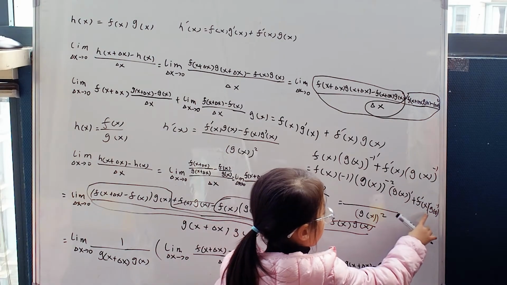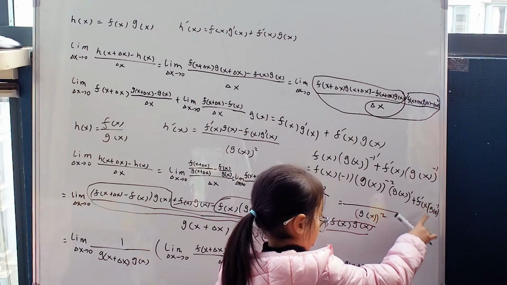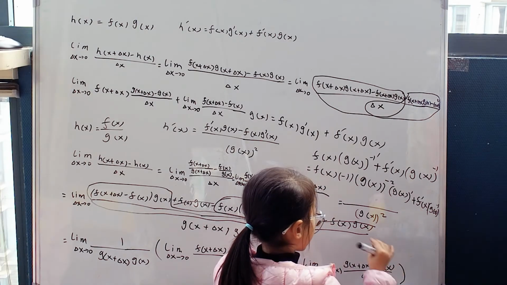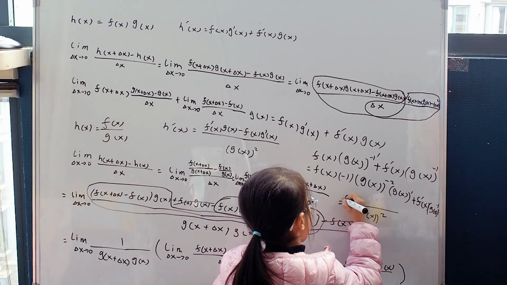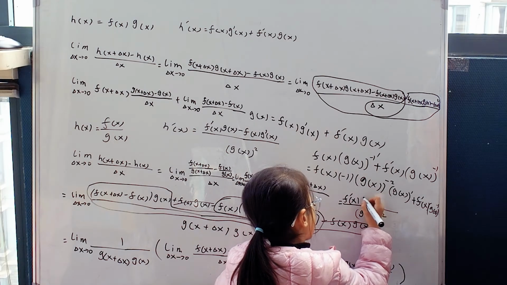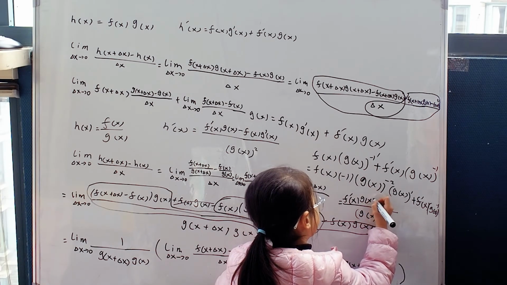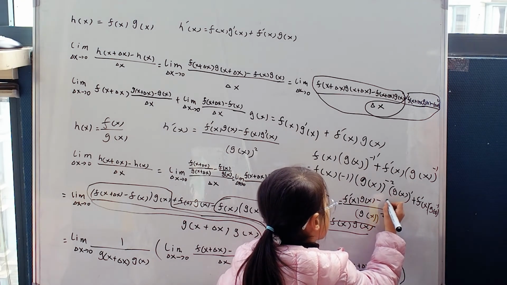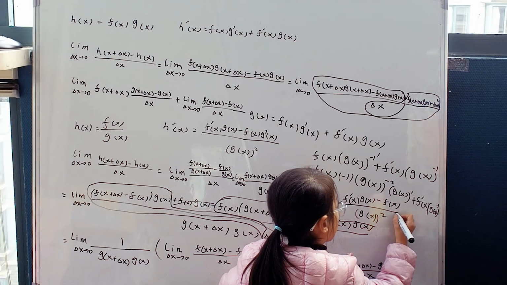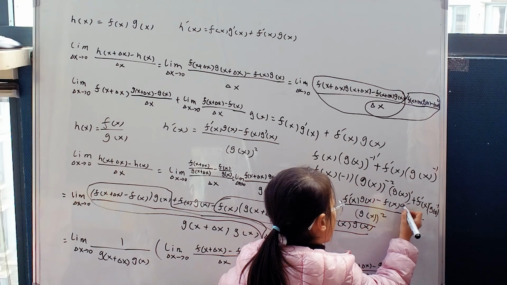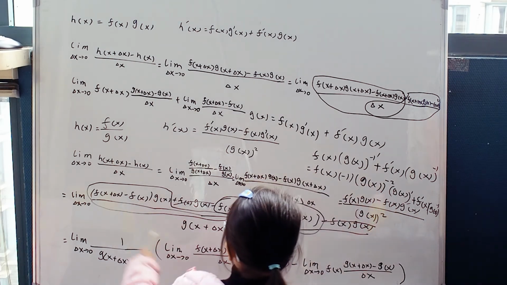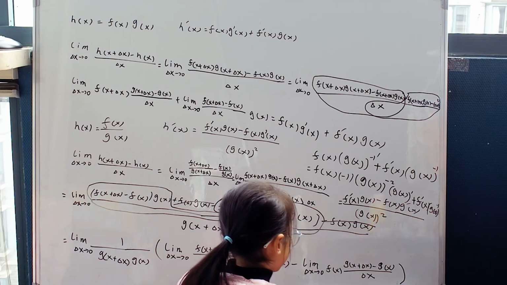We put this first because this denominator is g of x, so we need to turn it into g of x squared. So it should be f of x derivative times g of x, minus f of x times derivative of g of x, over g of x squared. Okay, so we can use this way or this way to prove the quotient rule.